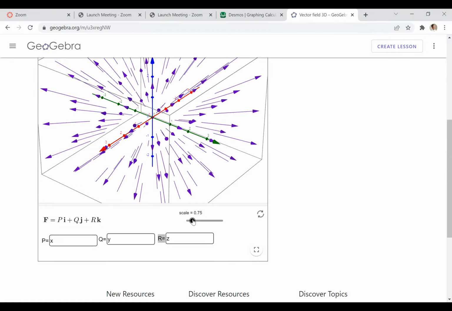A vector field is said to be conservative. So this is the vector field, right? And it has a gradient vector field.